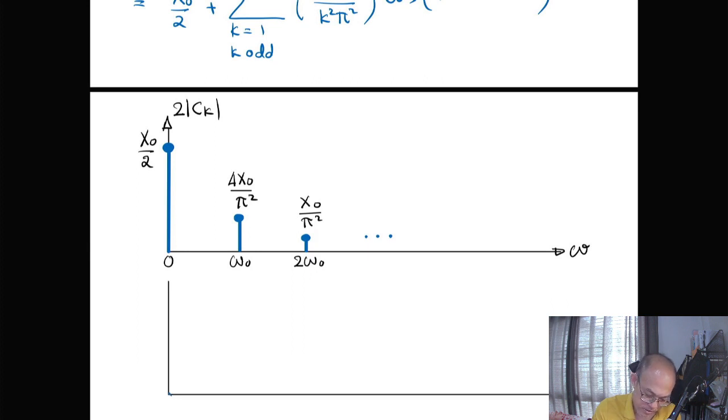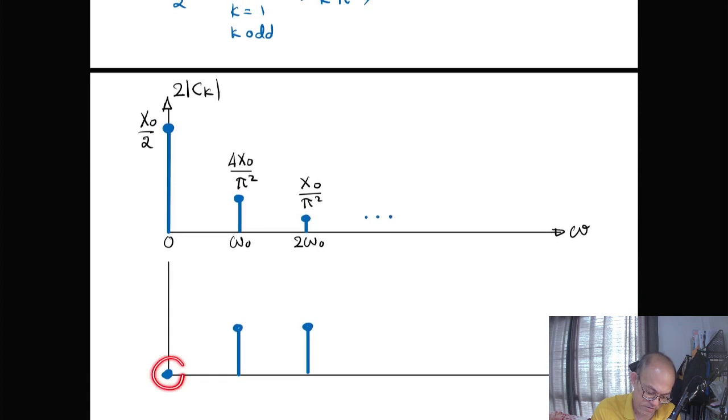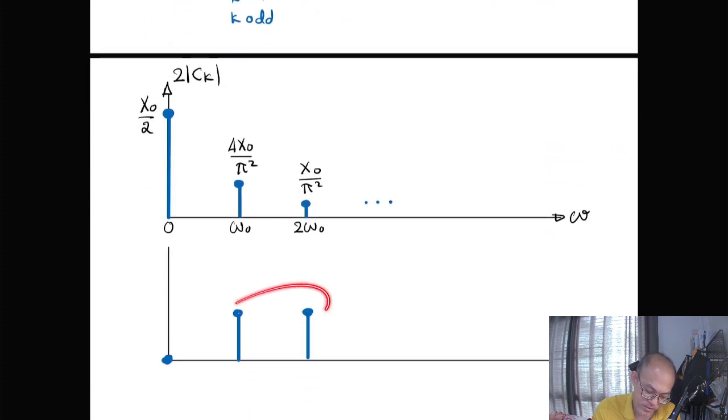So the phase is here and the rest would be pi. Now the reason why the phase is 0 when omega is equal to 0 is because this is a positive number, and positive numbers have 0 phase. So that's why we have 0 here. But the phase here for all k is pi, so that's why the rest has the phase of pi.